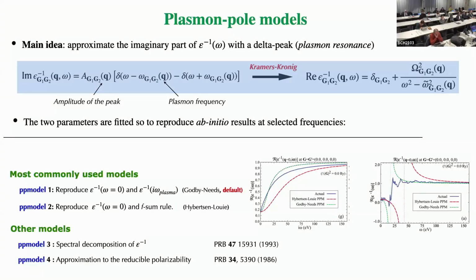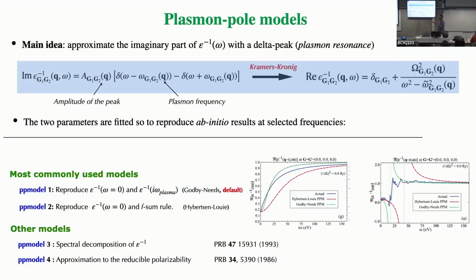In the plasmon pole, what we assume is that the imaginary part of epsilon minus 1 is essentially a delta peak located at the plasmon resonance, omega G1 G2 of Q, because we are working in a crystalline system, so it depends on two plane wave indices and a vector. And this is the strength of the plasmon resonance. Once you have this model, you can use the Kramers-Kronig causal relation to obtain the real part from the imaginary part.